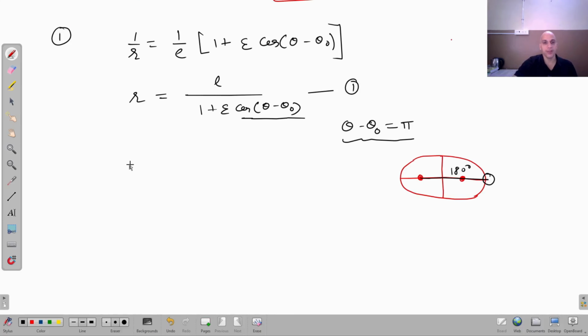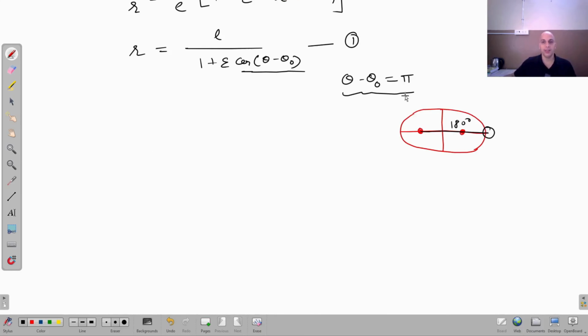So if I take theta minus theta naught equal to pi, then r maximum is equal to L upon 1 minus epsilon. So this is r maximum. Similarly, r minimum means when this cosine factor is a maximum, and this is maximum when theta minus theta naught is equal to 0.